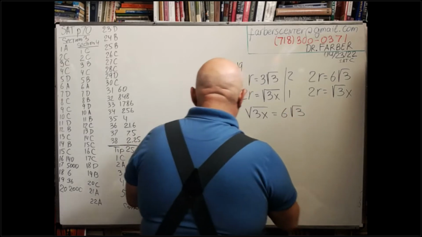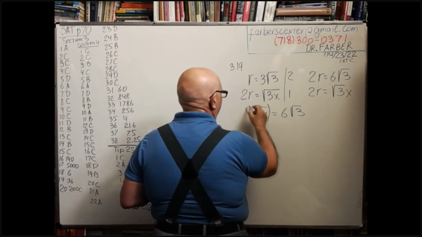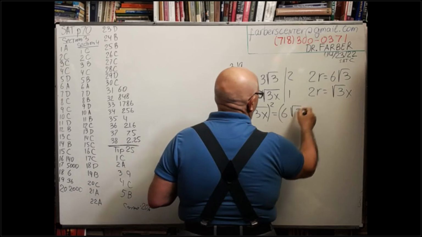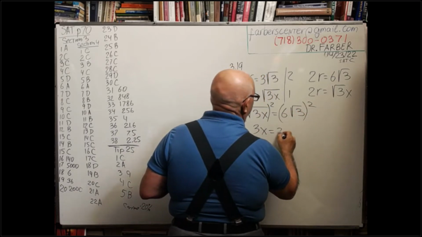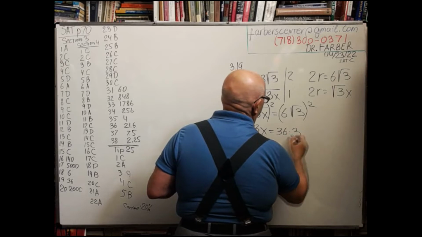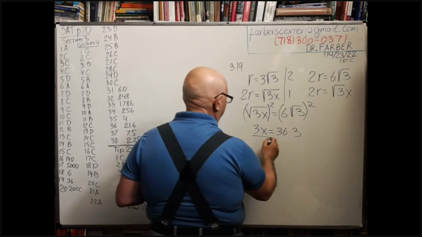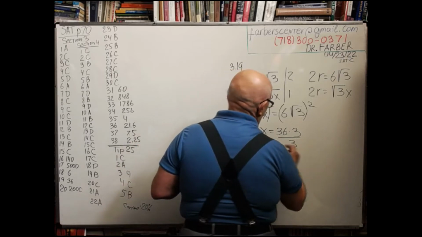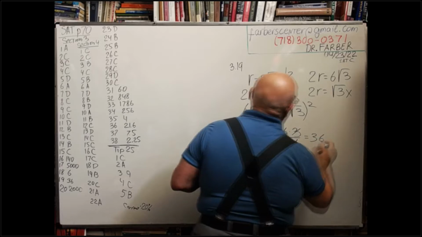We have a simple irrational equation, raise both parts to the second power. And you have 3x equals 36 times 3. And divide both parts by 3. That's 36.